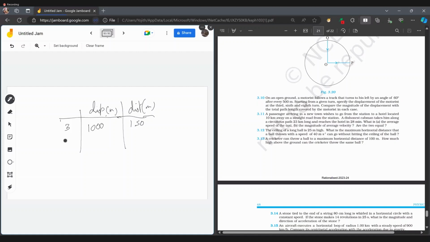Now at turn 6, displacement is 0. Path is 3000. At 8th turn, displacement is 66.03 and path length is 4000 meters. Okay, I know కొంచెం tricky sum ఇది. But mains and advanced కోసం this is like a conceptual sum.